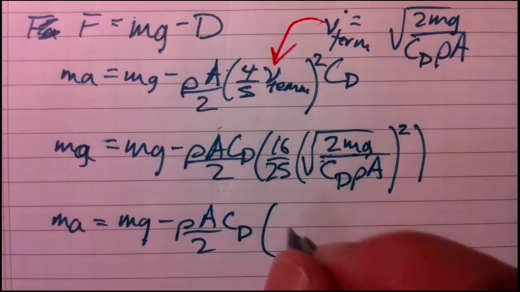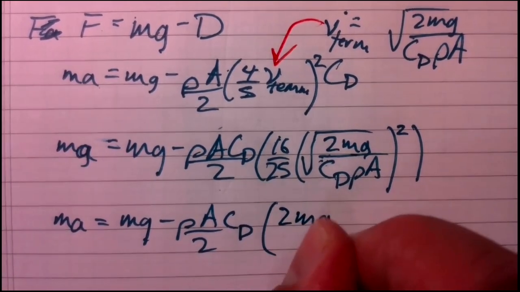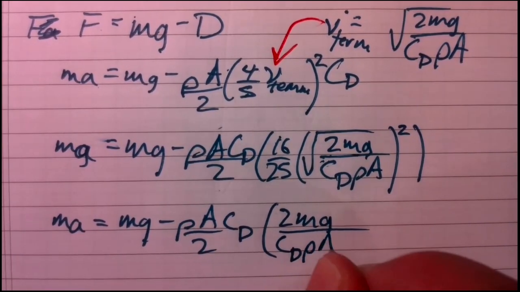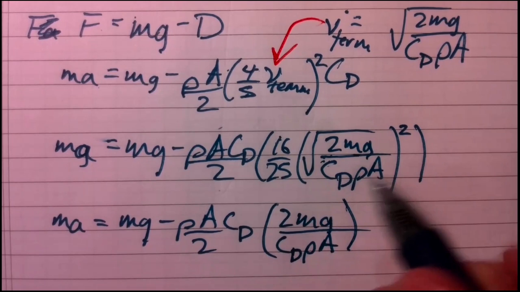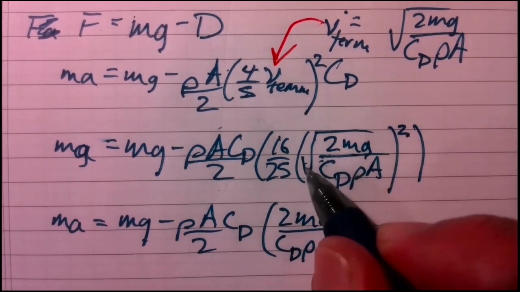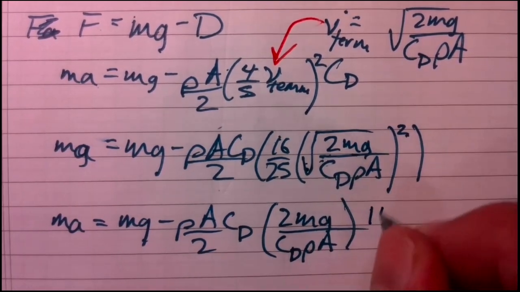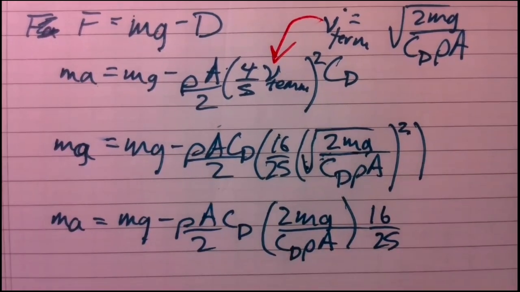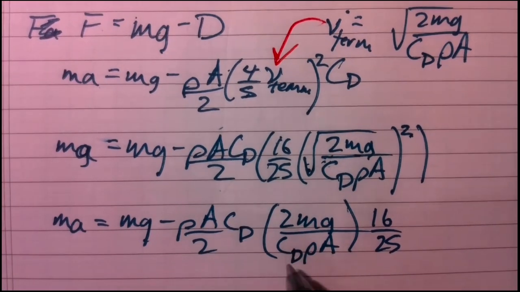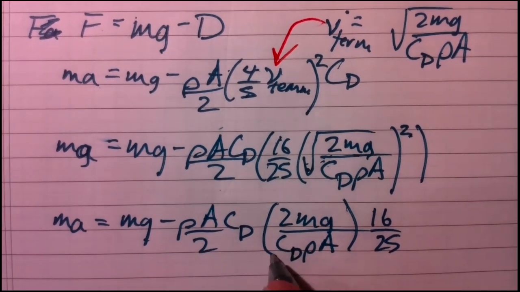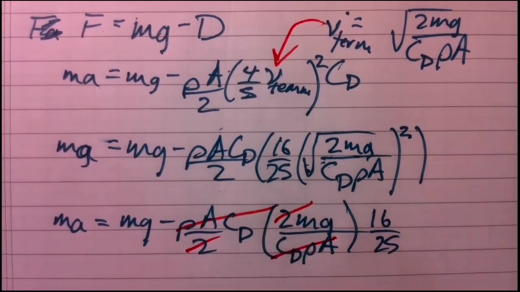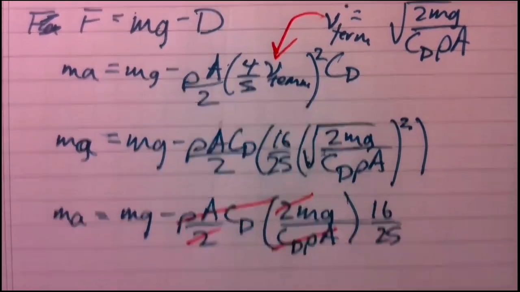I've got all these constants here, so I've got 2 m times g divided by CD rho times a, because the square just cancels my square root symbol, and then I've got 16/25 out here. Now all this stuff is going to cancel. A lot of stuff is going to cancel. So CD rho a just goes away. The 2 cancels. Now it's not so bad.